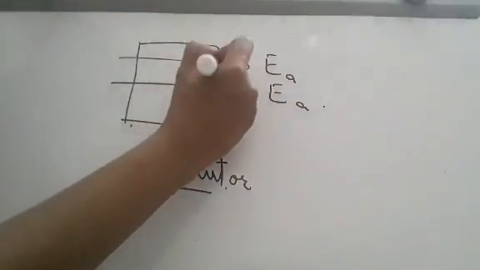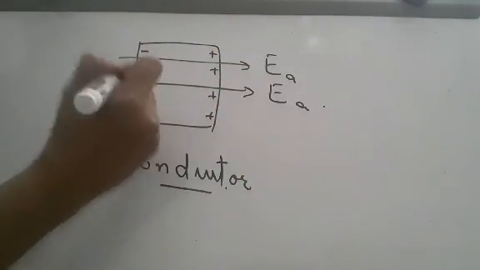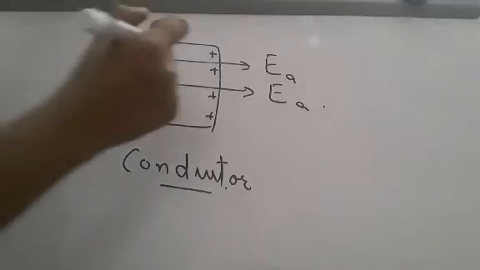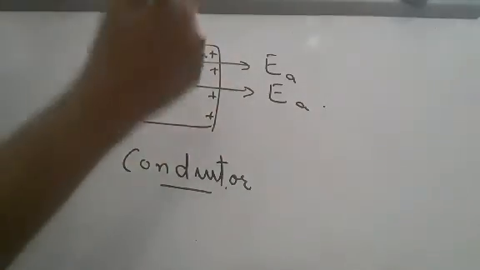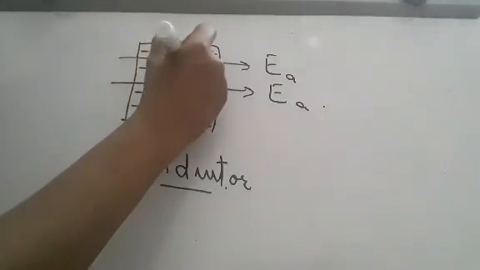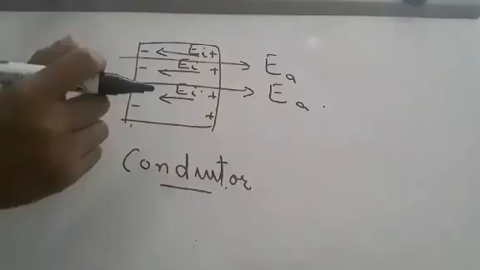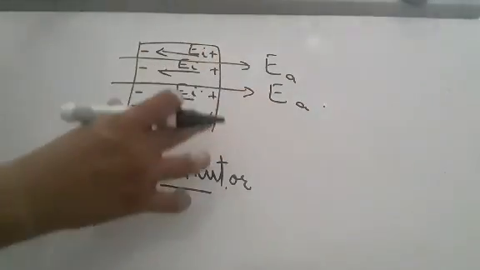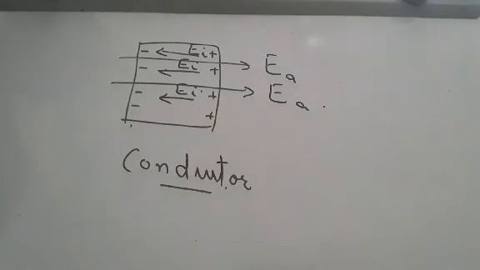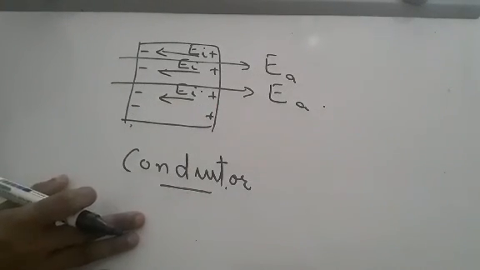So the positive charges will align in one position and the negative charges in another position. The internal field direction will be like this, so this E I is cancelling E A. So we know that inside a conductor the electric field will be 0. Electric field will be 0 inside a perfect conductor.